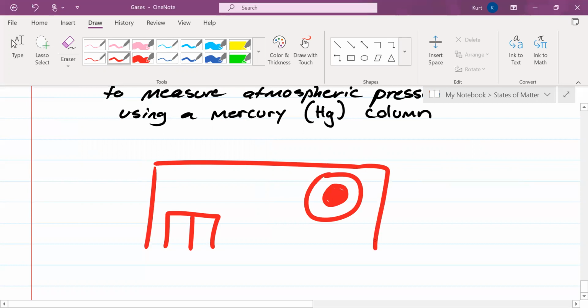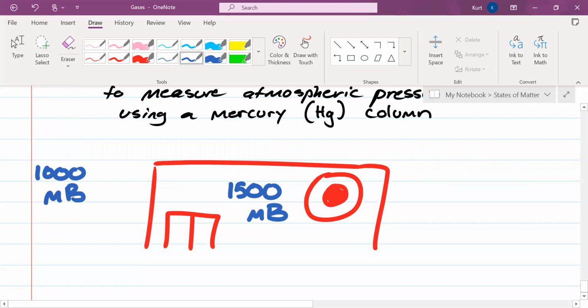There's Target. And let's say that the atmospheric pressure inside Target is about 1,500 millibars. Let's say that it's a kind of nasty weather outside and the air pressure outside is 1,000 millibars.